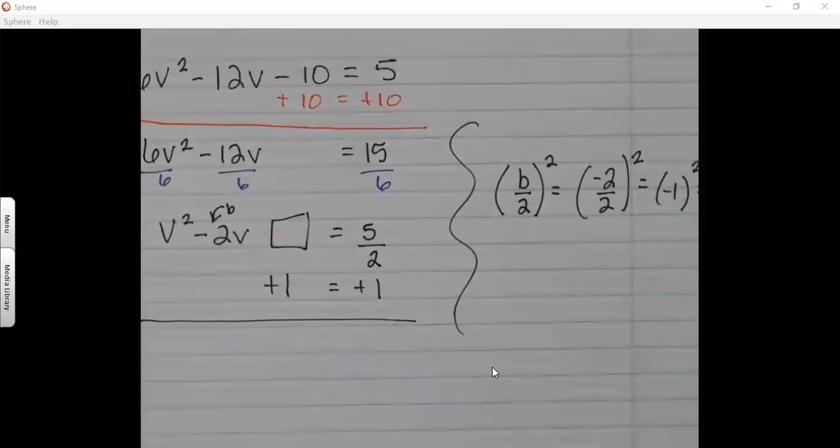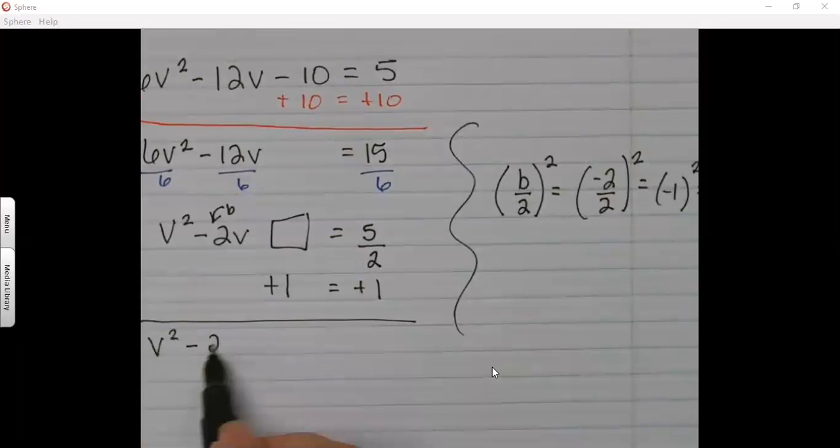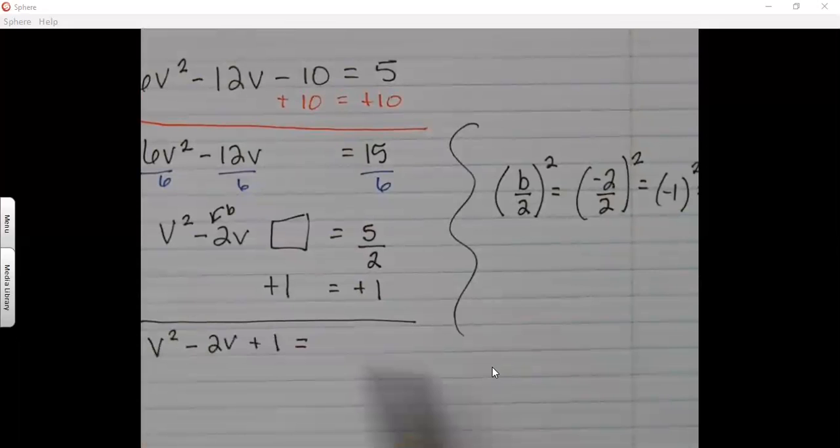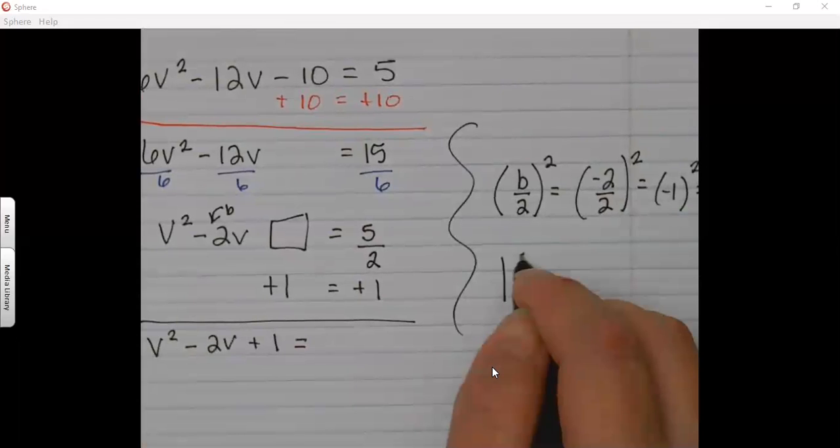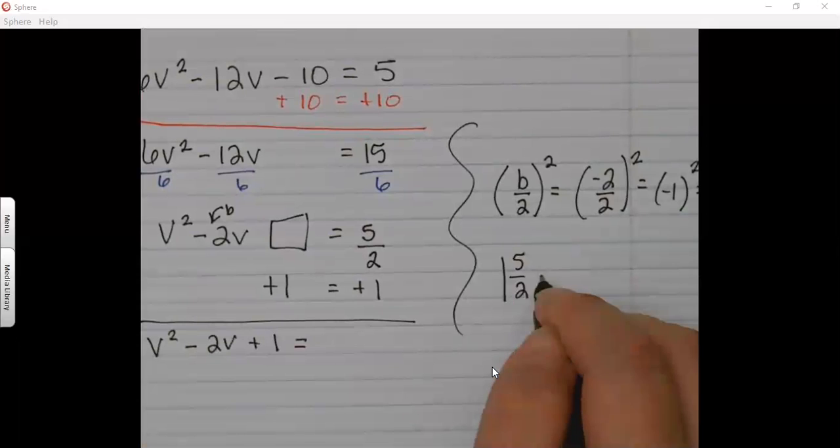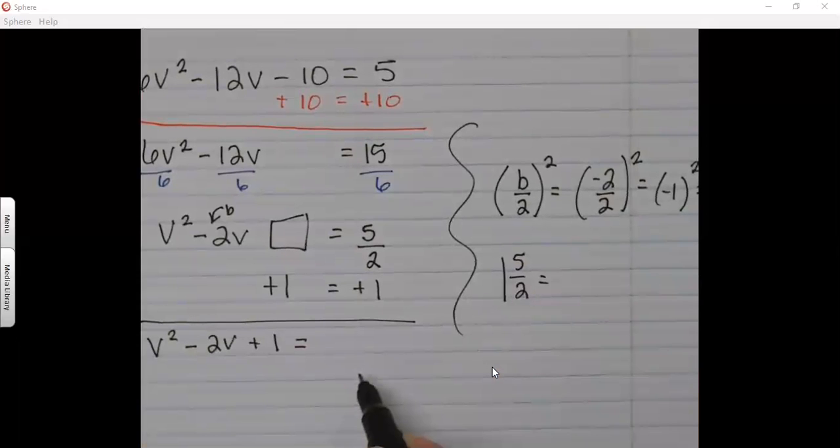So I get v squared minus 2v plus 1 equals, all right, 5/2 plus 1. It's 1 and 5/2, right? But we're not going to write 1 and 5/2. We're not writing a mixed number. We're going to write an improper fraction.